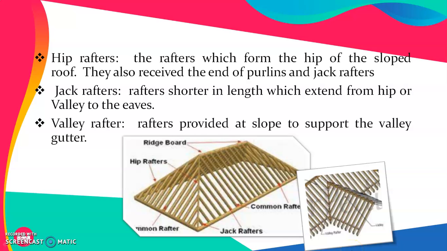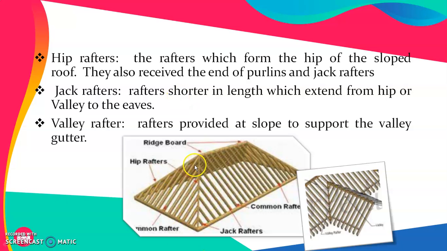Hip rafters. The rafters which form the hip of the sloped roof. They also receive the ends of purlins and jack rafters. Jack rafters are the rafters shorter in length which extend from hip or valley to the eaves, while valley rafters are the rafters provided at the top to support the valley gutter.